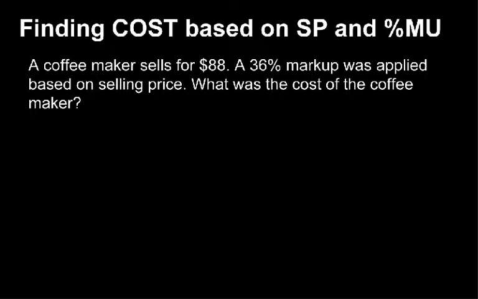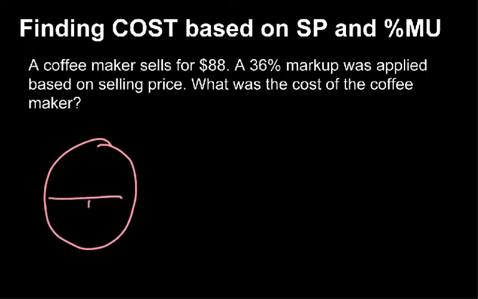Alright, now in the last one, we have a coffee maker sells for $88, 36% markup was applied based on selling price. What was the cost of the coffee maker? So again, I'll be using both methods here, but you'll make the decision on which one you want to use. If I know that the selling price is $88, I'm going to fill that in.